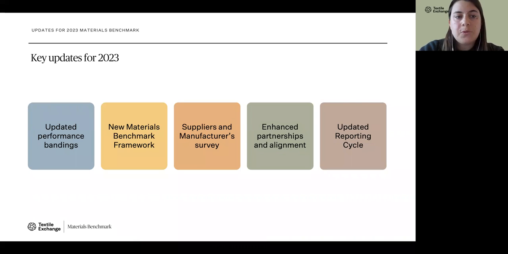Some of the key changes for this year, and then we will soon share more updates in the publication of the scoring methodology, is the removal of absolute uptake volumes, the alignment with Climate Plus goals, the alignment with the preferred fiber material matrix, or the PFMM scoring, and the fact that not all the questions are scored. Only key questions will be scored and will be indicated clearly in the data reporting platform and in the guides that will be published very soon.